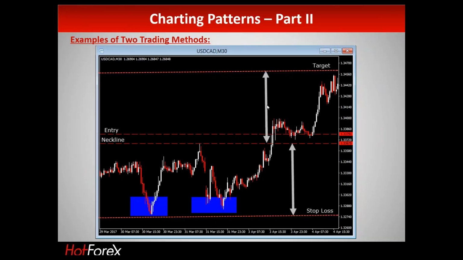Don't measure your entry with the lowest price. It will be your neckline with your lowest price. So it's this distance over here, the neckline with the lowest price, the lowest double bottom area.